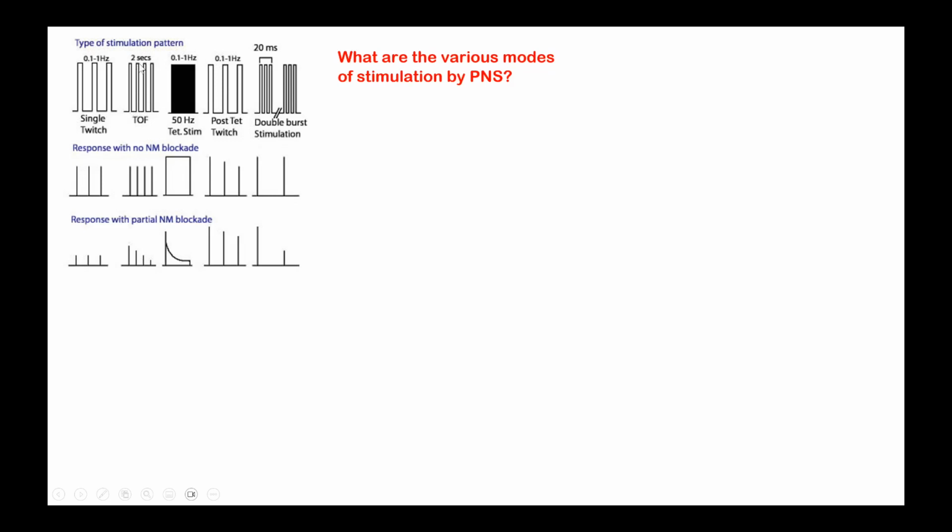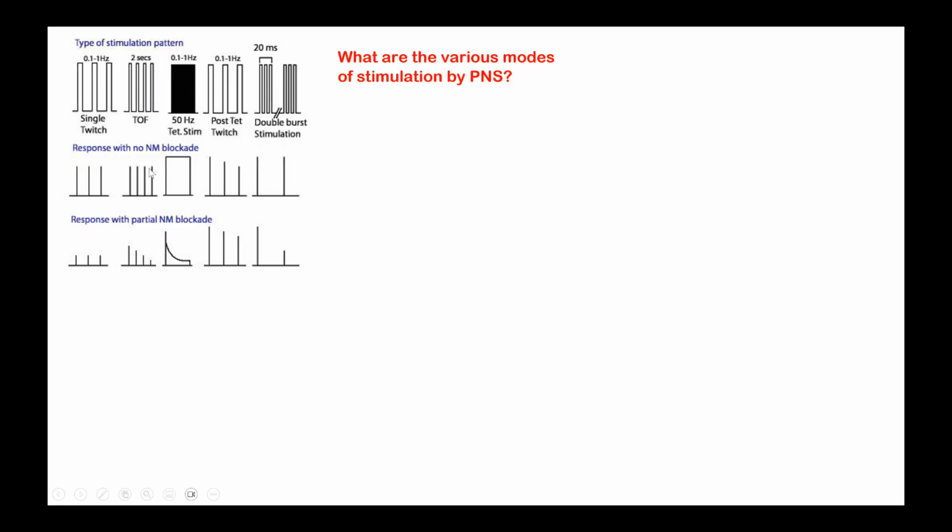And in a normal patient, all the 4 stimuli will produce equal contraction strength. And then you produce a tetanic stimulation where there will be a sustained contraction. And then you can produce post-tetanic single twitch stimulation, where in a normal muscle, it will be the same. You can see the height of the contractions are all the same in a normal person.